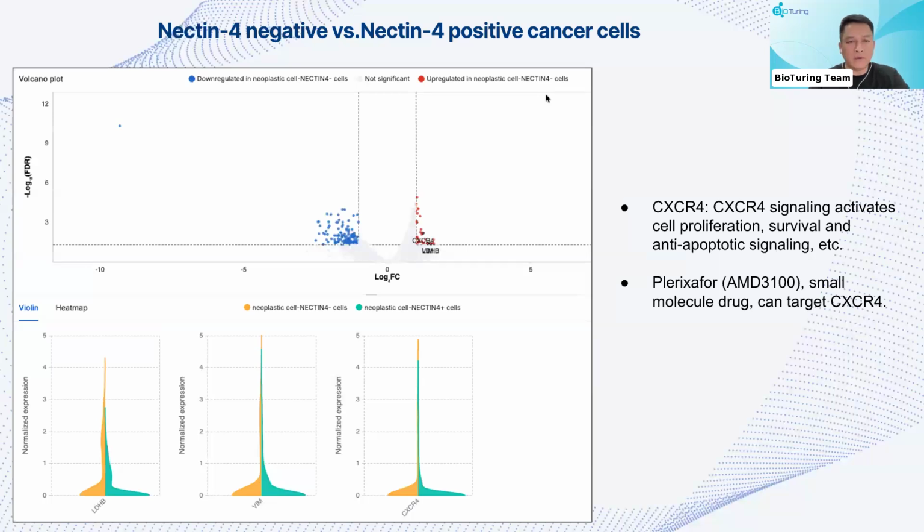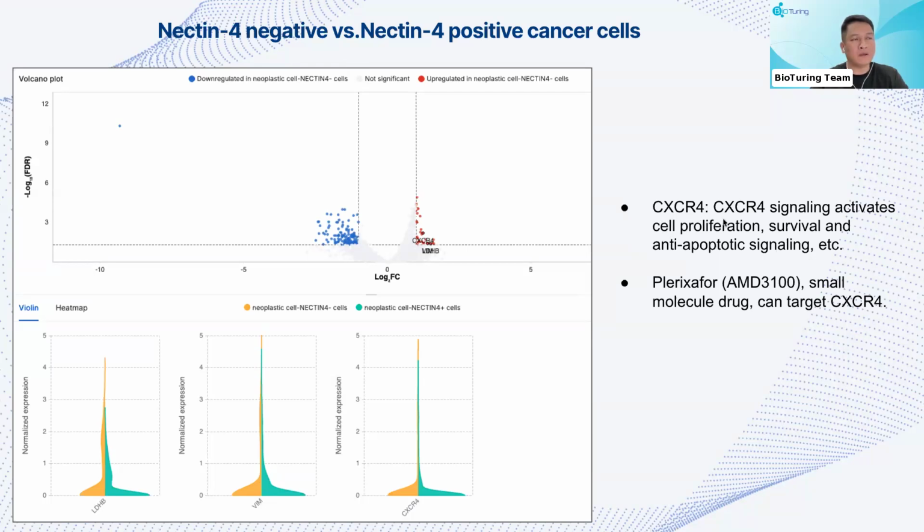And beside that, for sure, we can also do differential gene expression to understand more about the two cell populations. So I compare the Nectin-4 negative to the positive cell population to see any target that I can use in the negative population, because with the negative population we cannot use Nectin-4 to target and destroy the cell. So in this comparison, we can see some interesting targets like CXCL4.